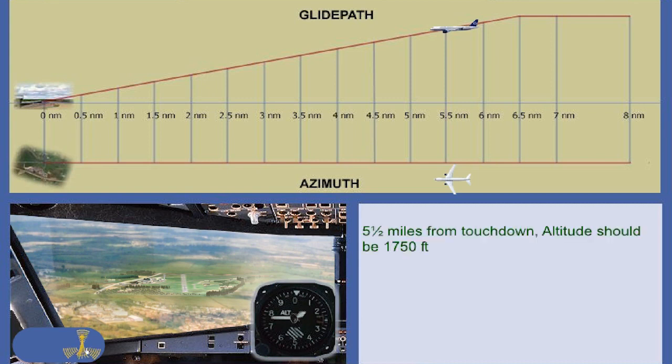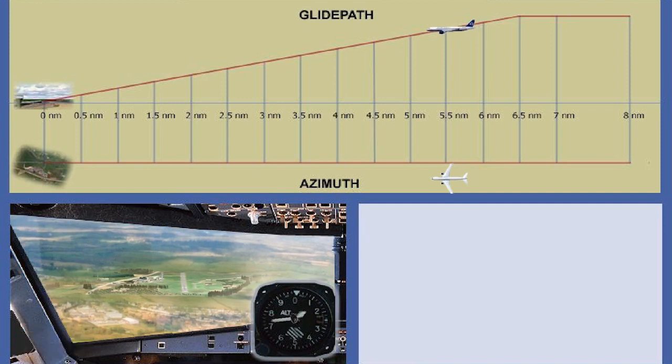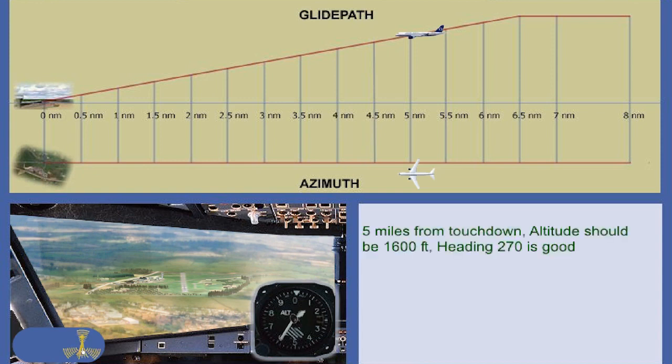Five and a half miles from touchdown, altitude should be 1,750 feet. Oxbow 345. Five miles from touchdown, altitude should be 1,600 feet.